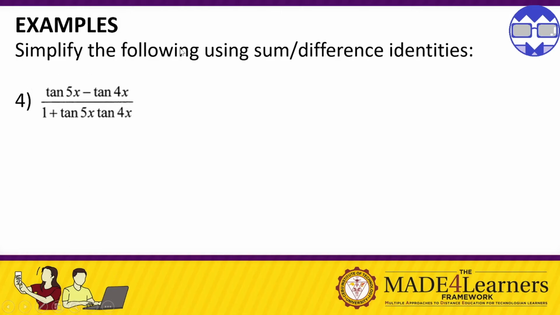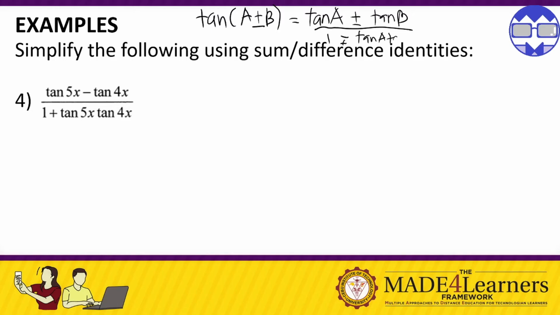Remember that for tangent, the tangent of a plus or minus b is tan a plus or minus tangent of b over 1 minus or plus tangent of a tangent of b. Whatever is the sign, if it's minus, we'll use the minus, then the minus-plus pair.